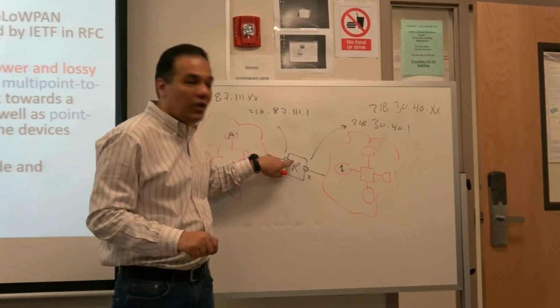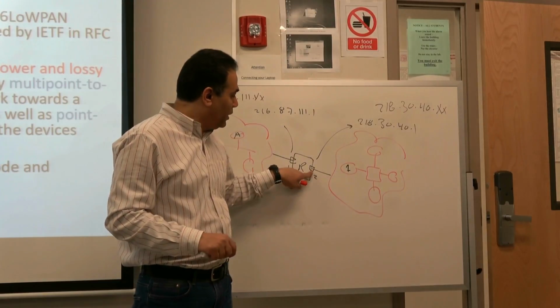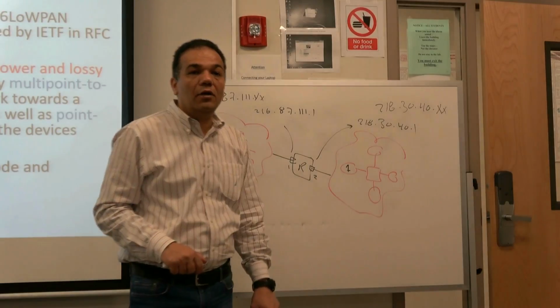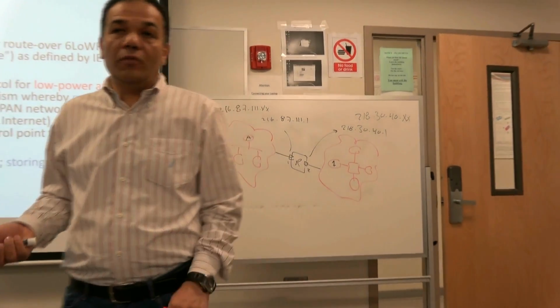It could translate the data, store and forward it to this link, and this interface can communicate with the other network. So it's multi-homed. That's what a router is.